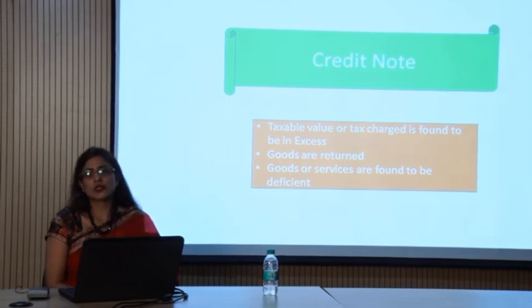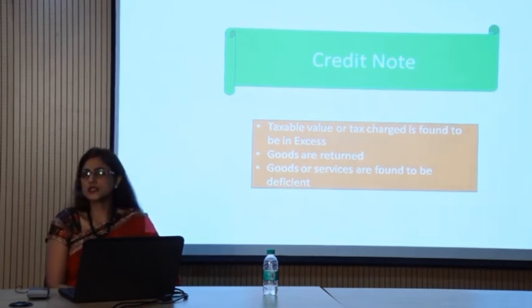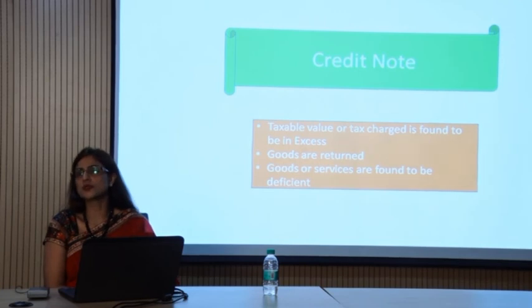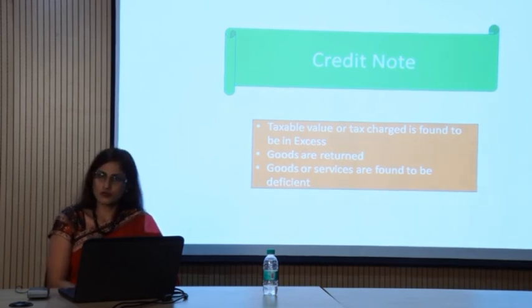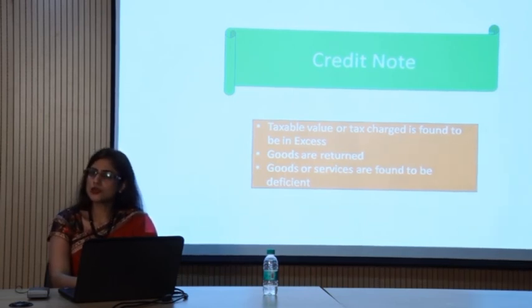So, friends, now the next document in the list of all these documents is the credit note. Now, let us discuss under which situation this document is to be issued. The first situation is, for example, when the taxable value or the tax charge is found to be in excess. At that time, you will issue the credit note.